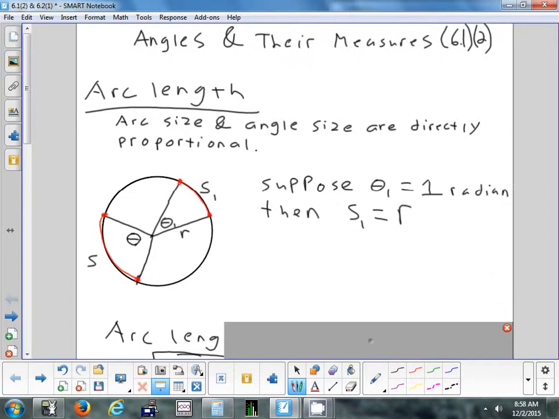But now that we have that fact, we can set up a proportion. What I'll do is set it up like this. I'll compare theta 1 to S1, and then I'll compare theta to S. You can set up the proportion a lot of different ways as long as you're consistent. Put the angle on top, arc on the bottom.